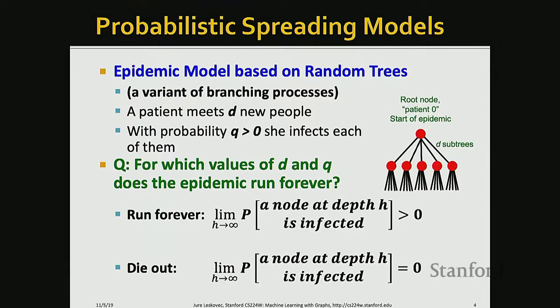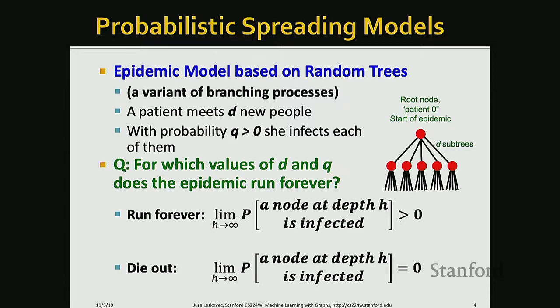The question is, for which values of d and q does this epidemic run forever? Rather than a network, we think of an infinite tree where every node gets a chance to infect others, and if the infection happens, with probability q, the children again each get a chance to infect their own children.